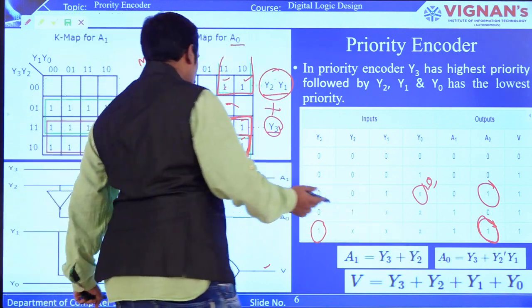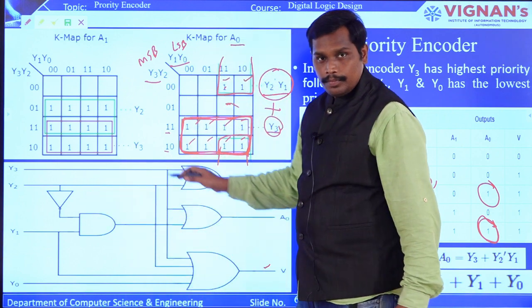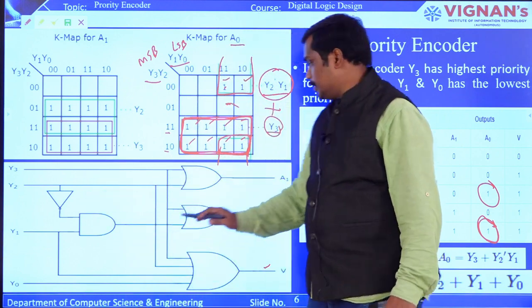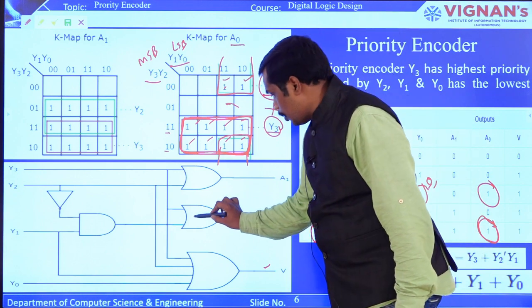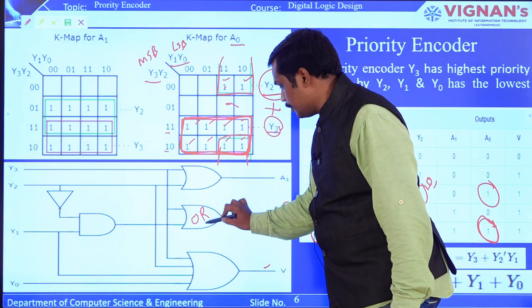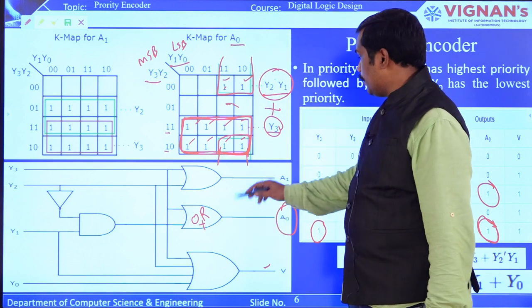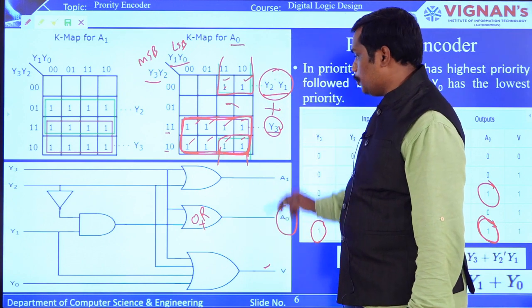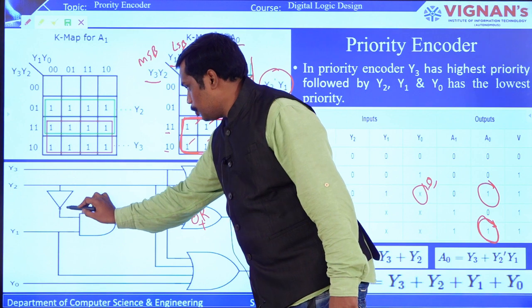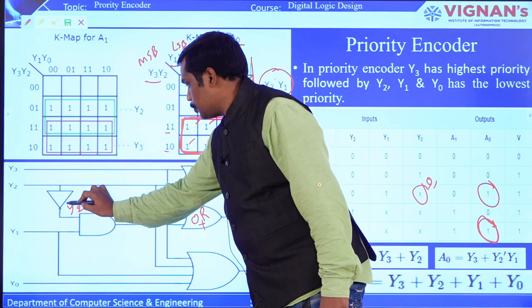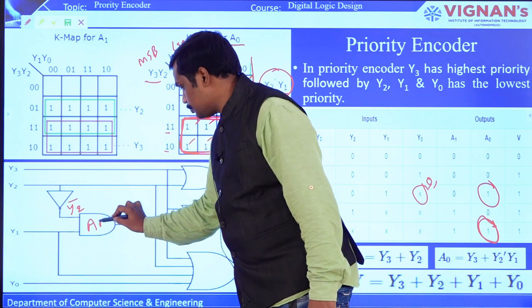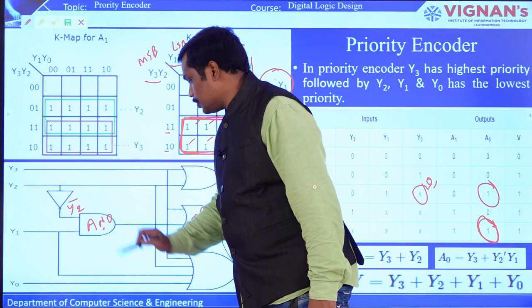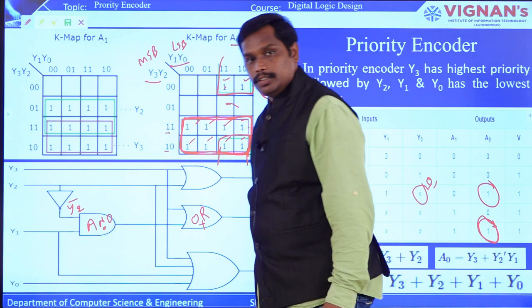From this Boolean function, you can have a Boolean logic diagram or the circuit diagram for A0. You can see how you are going to get A0: this is OR, which means addition, and this is addition. What you are going to add here is y2 bar and y1, applied to an AND gate, which is a dot operator or dot logic.